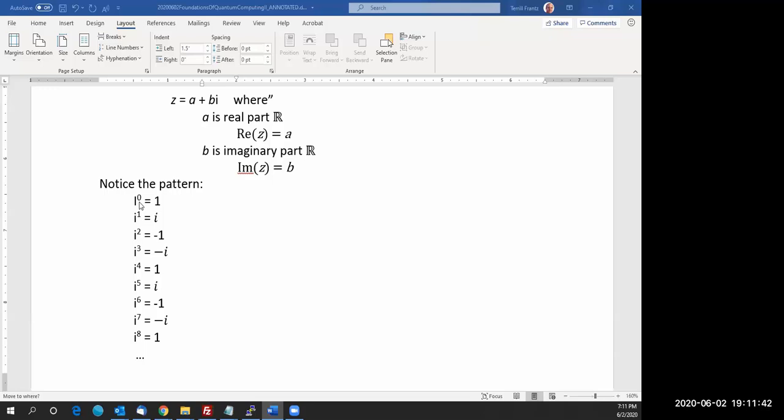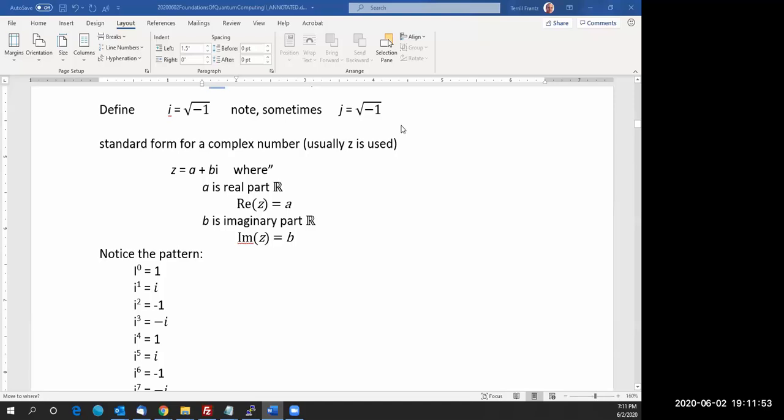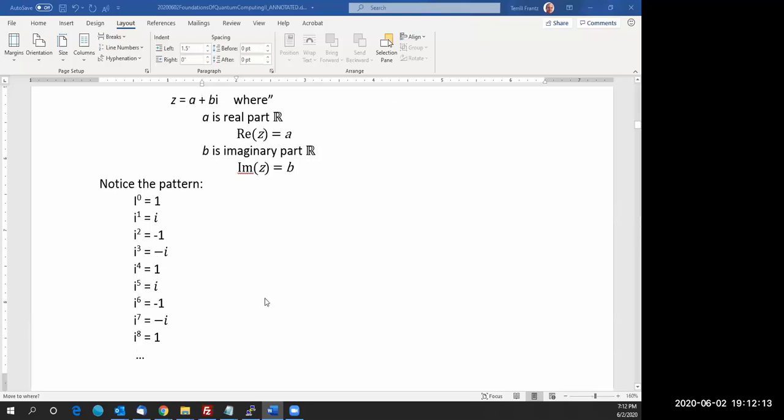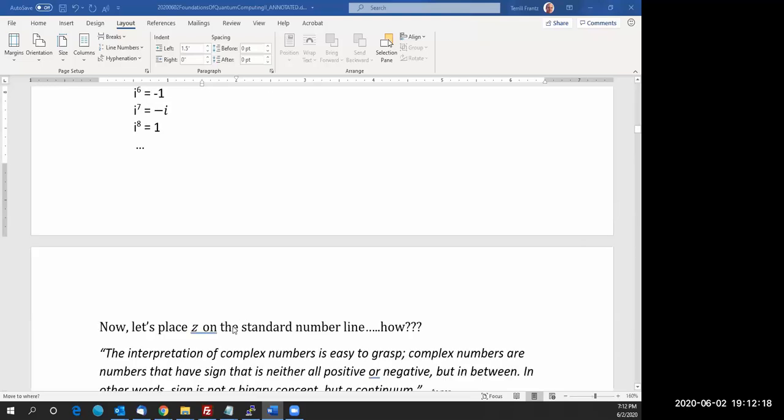So i to the 0 is 1. i to the 1 is i. i squared is -1, because the square root of -1 times the square root of -1 is -1. i cubed is -i, i to the 4th is 1, and i to the 5th is i, and you'll start to see the pattern repeat. That goes on essentially forever, and this is an important thing to keep in mind as we go forward.